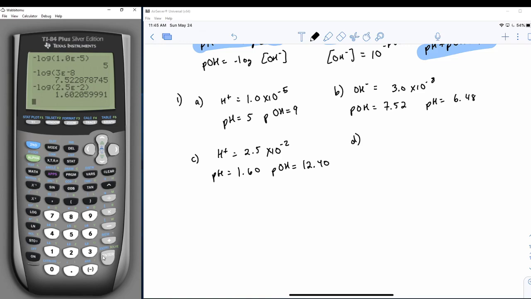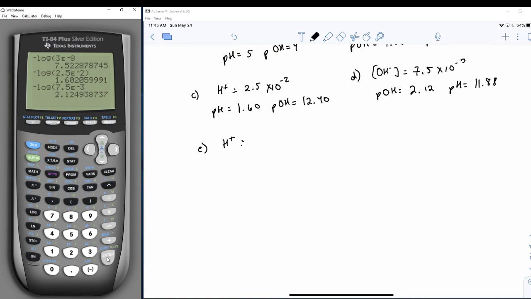Continuing on, D, OH concentration is equal to 7.5 times 10 to the negative 3. When you take the negative log of it, you've just got to be careful that it's 7.5 second comma negative 3, which is pOH of 2.12. So your pH is equal to 11.88.